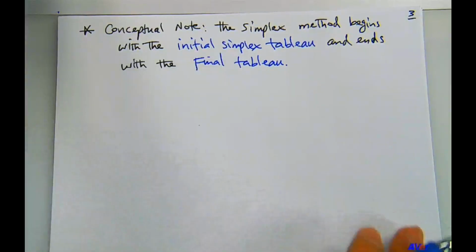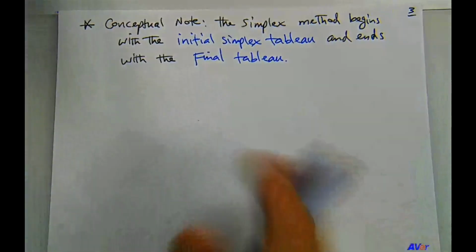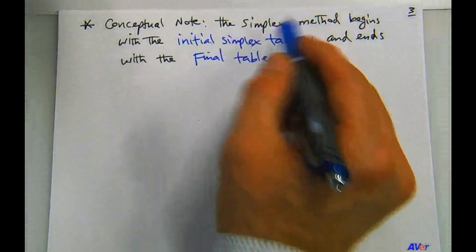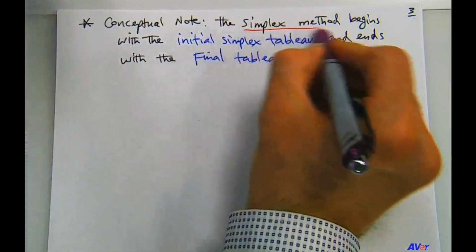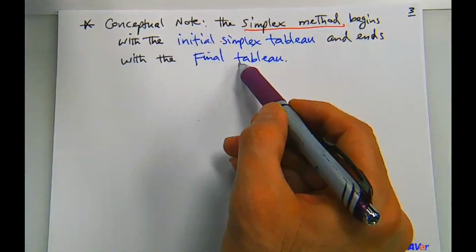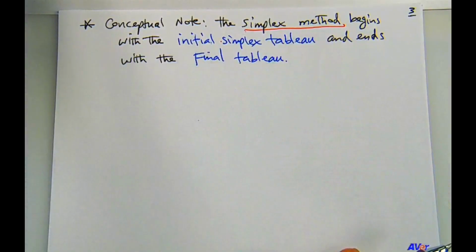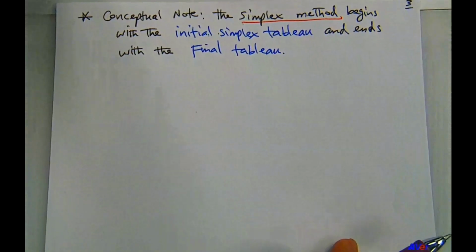And we'll talk about this. Okay, so we begin with the simplex method. It begins with the initial simplex tableau, and it ends with the final tableau.